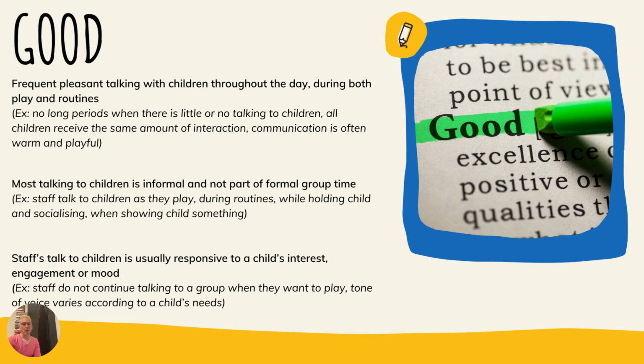So there would be no long periods where there's little or no talking to children. All children receive the same amount of interaction, and communication is often warm and playful.